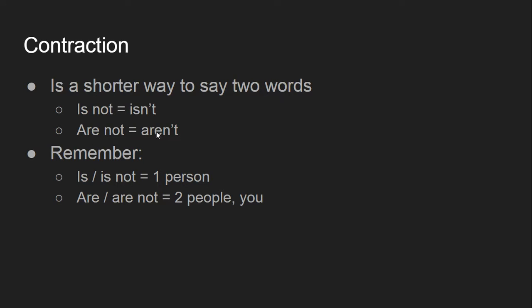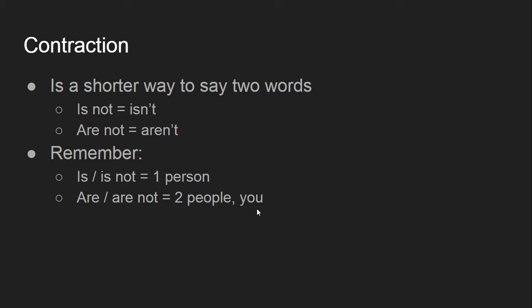Are not, aren't. Again, you take out that O and put the apostrophe. So aren't and isn't mean the same as is not and are not. I just want you to remember that is not or isn't is used for one person, and are not or aren't is used for two people and you.